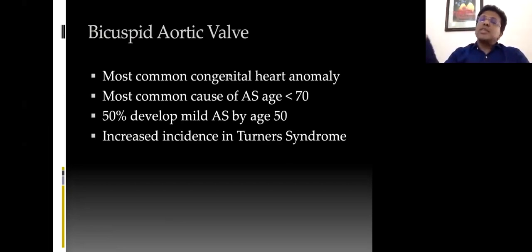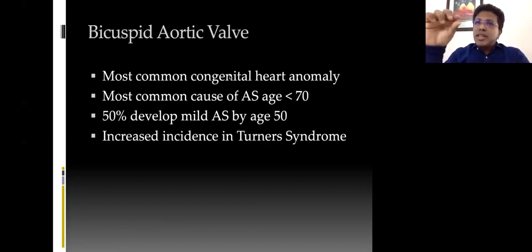It is also associated with sometimes other left-sided obstructive lesions like subaortic membrane or obstruction in the aorta like coarctation, and it's also associated with what is called the left dominant system.